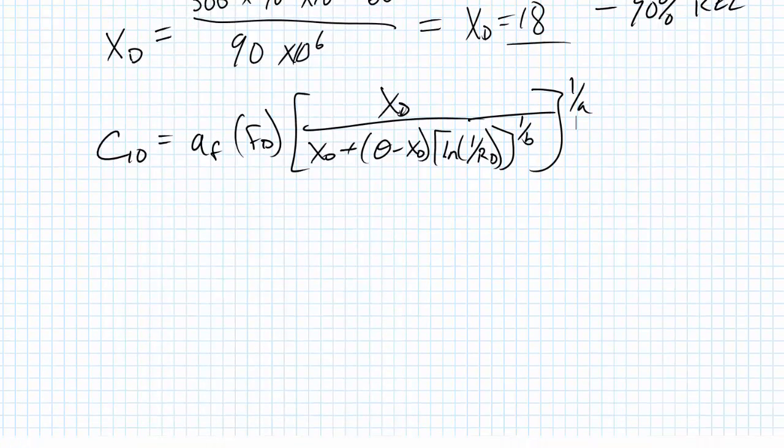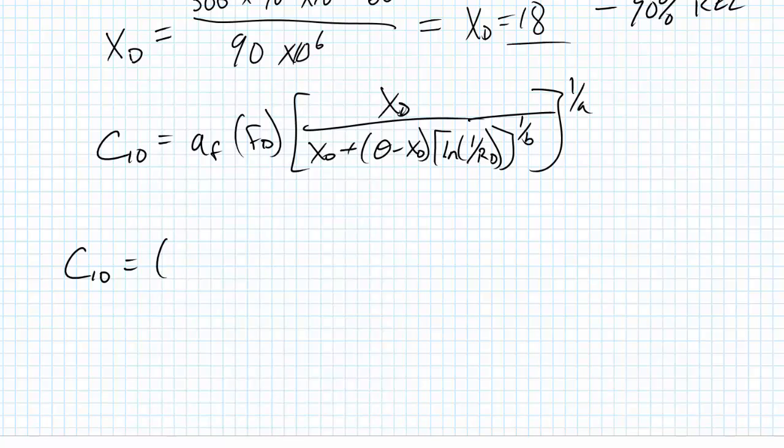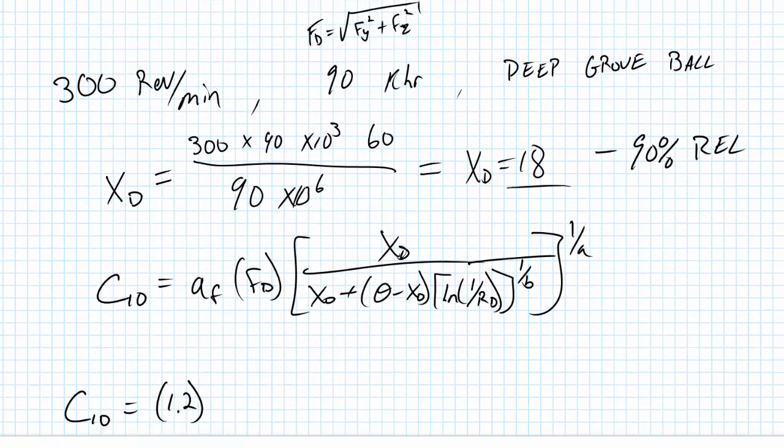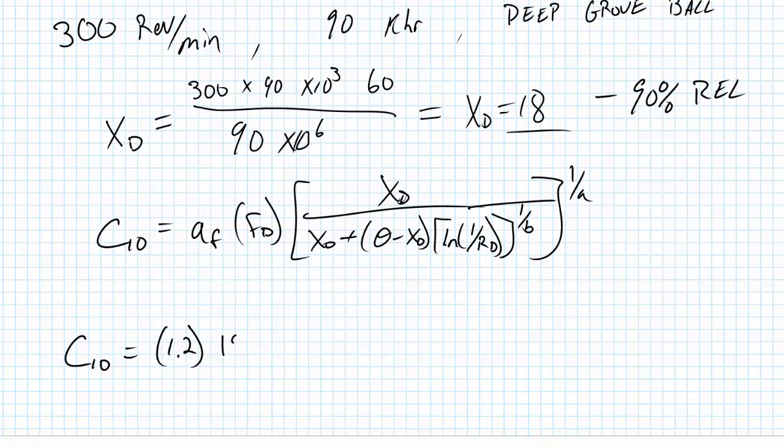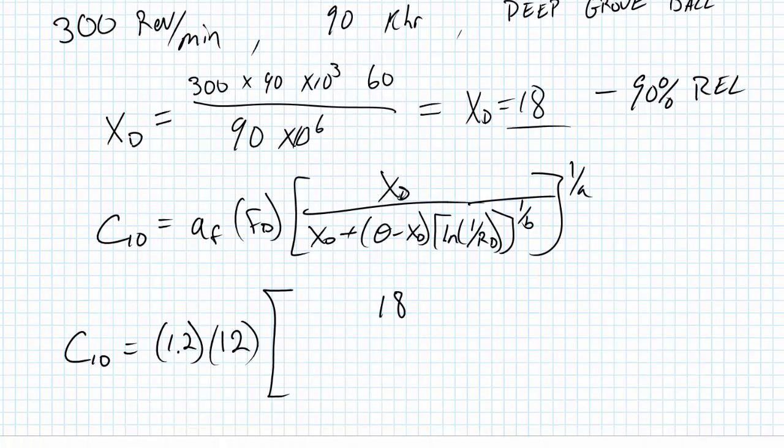So for our particular situation, this looks like C10 equals 1.2, our application factor, multiplied times our dynamic load of 12 kilonewtons. Recall, our ratings are going to be in kilonewtons, so we can just use 12 here for our forces. And again, the units of this will be kilonewtons, multiplied times 18, divided by all of our Weibull parameters.